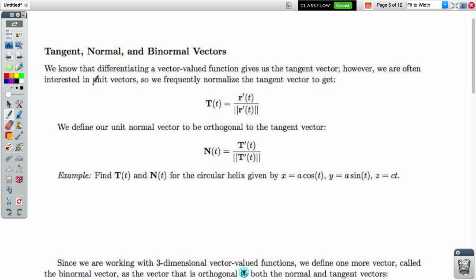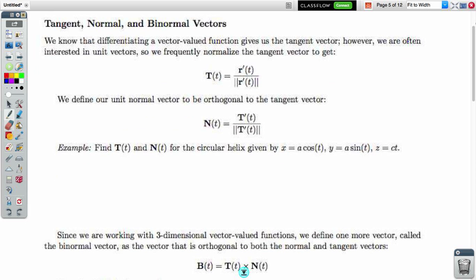So one thing that we know so far is that differentiating a vector valued function gives us the tangent vector. One thing that's a little bit counterintuitive is that the tangent vector is not always orthogonal to the original function.